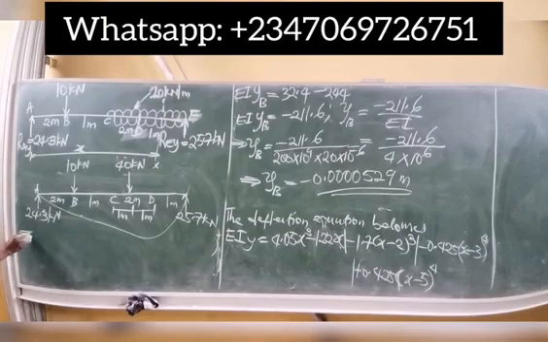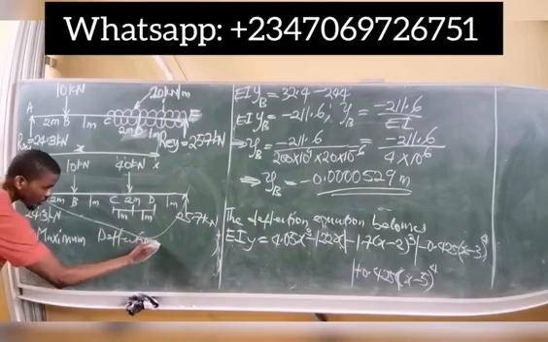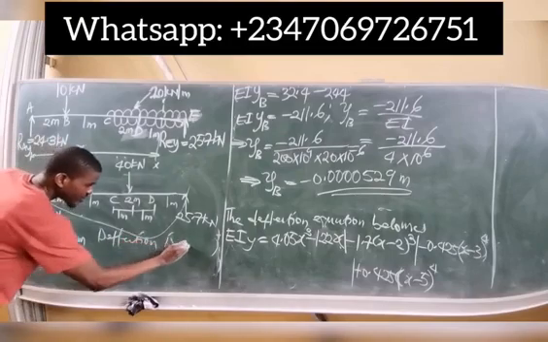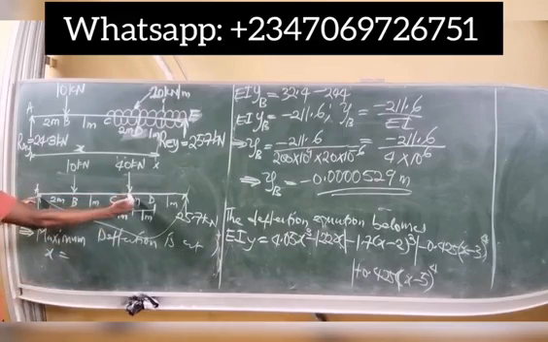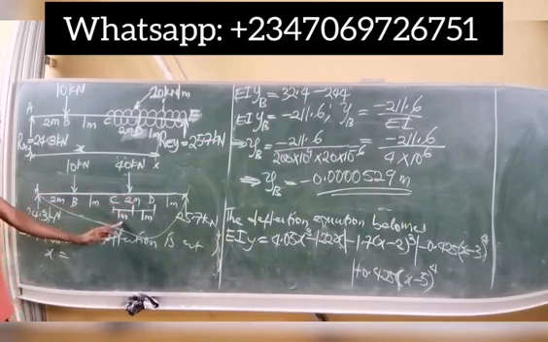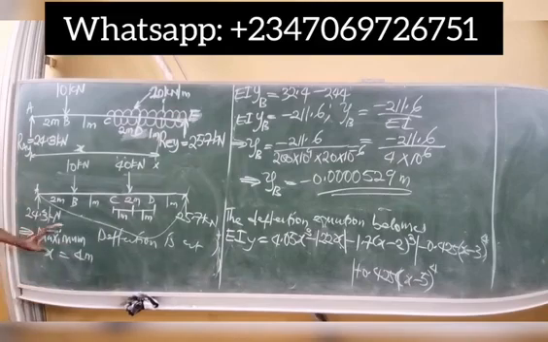That simply means that maximum deflection is at x equal to the total length from A down to the 40 kilonewtons load, which is 2 plus 1 plus 1, and that's simply 4 meters. So x equals 4 meters. This is where deflection is maximum.